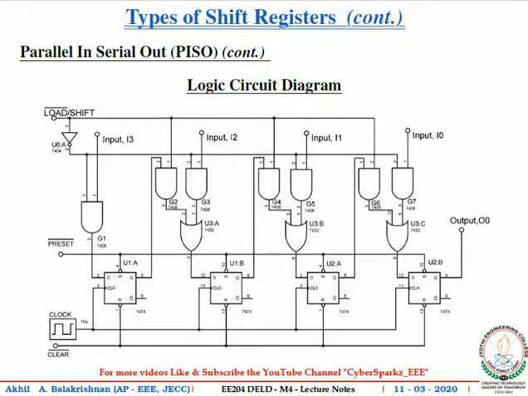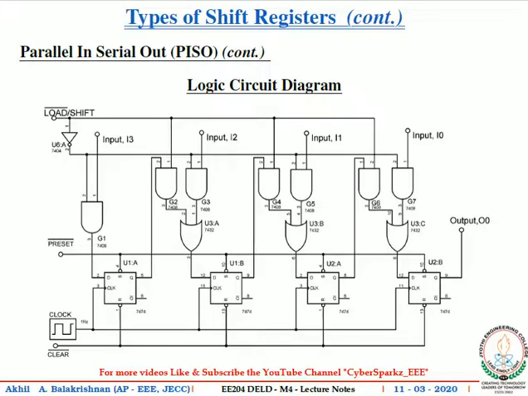The loading operation, as it is done parallelly, needs only one clock cycle, and the shifting operation you have to do for the next n-1 clock cycles, because you will obtain the first input data bit I0 as the output in the first clock pulse itself. So for the remaining I1, I2, I3 data you have to provide 3 more clock pulses, in the shift mode.